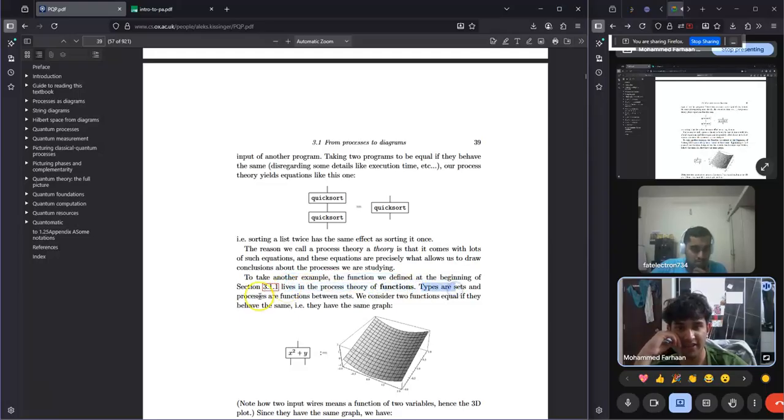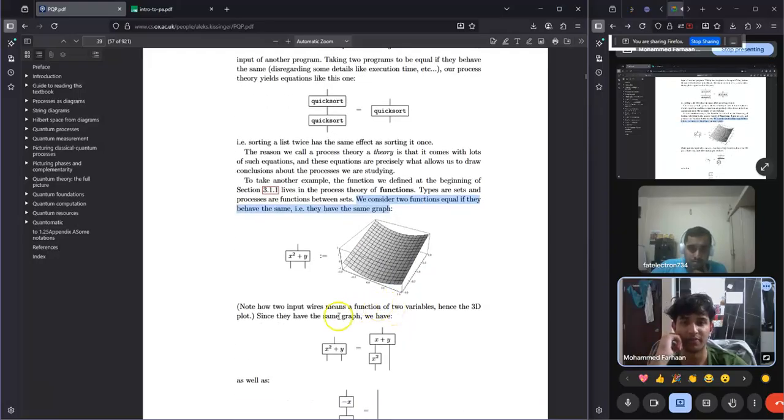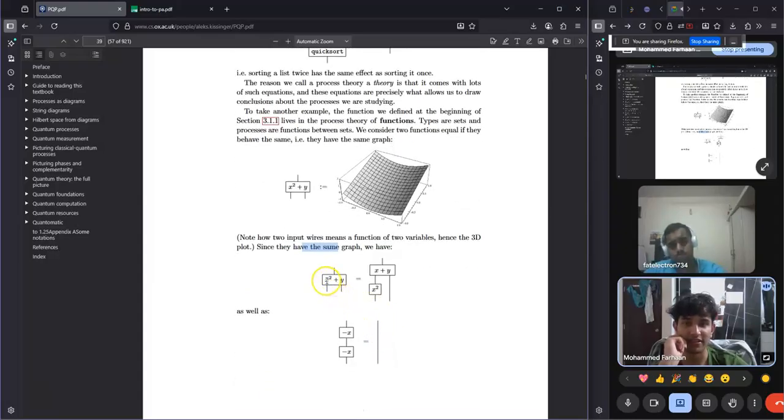The types are sets and processes are functions between sets. We consider two functions equal if they behave the same, that is, they have the same graph plot. Note how two input wires means a function of two variables, hence a 3D plot. Since they have the same graph, we have this equivalence relation. Not equivalence relation, this equation.